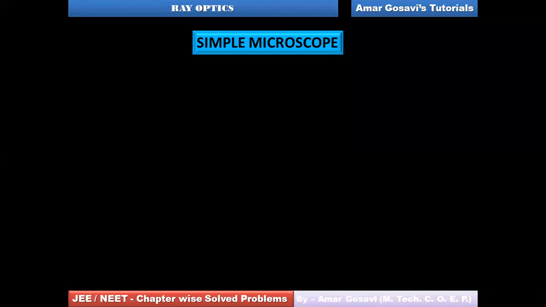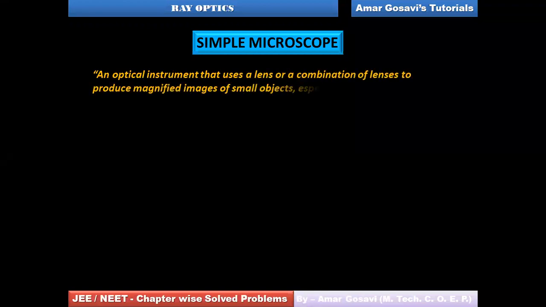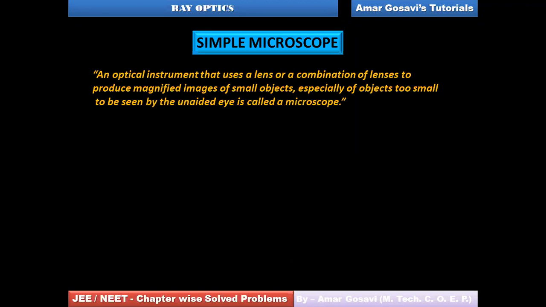Hopefully everybody is ready for it. I want attention and high focus because we will be talking about a few small derivations also. It's an optical instrument which uses a single lens or a combination to produce a magnified image of small objects, especially if the objects are too small to be seen by the unaided eye.